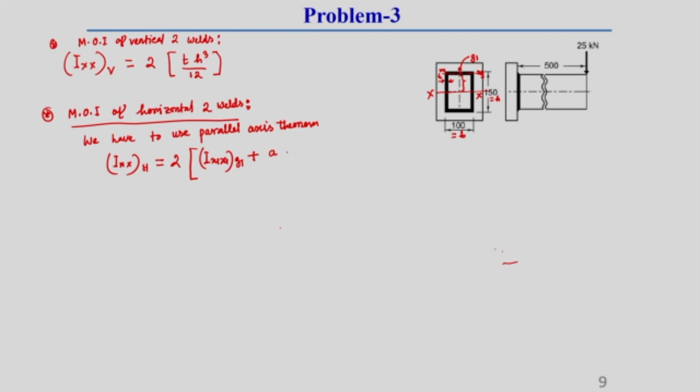Let this distance be y, so you can say y square.